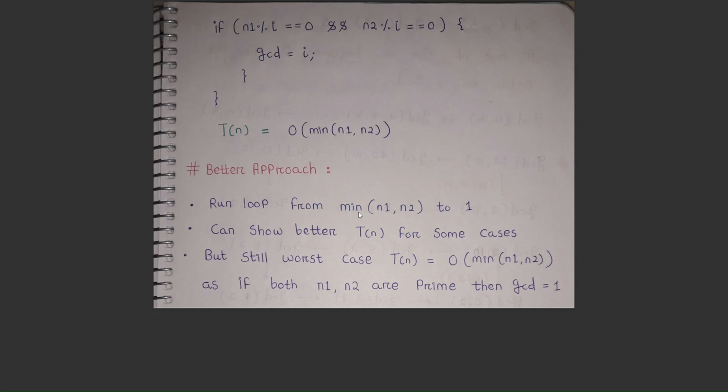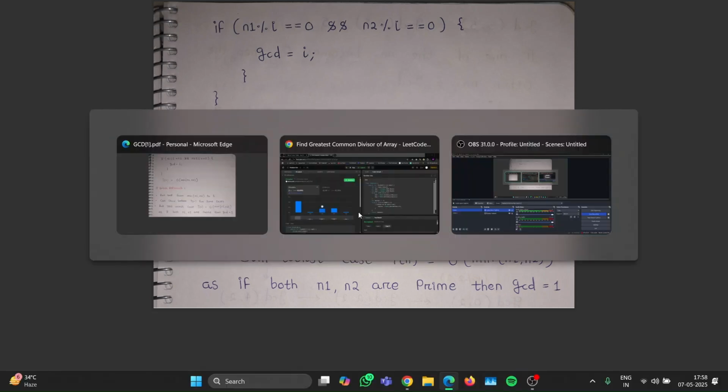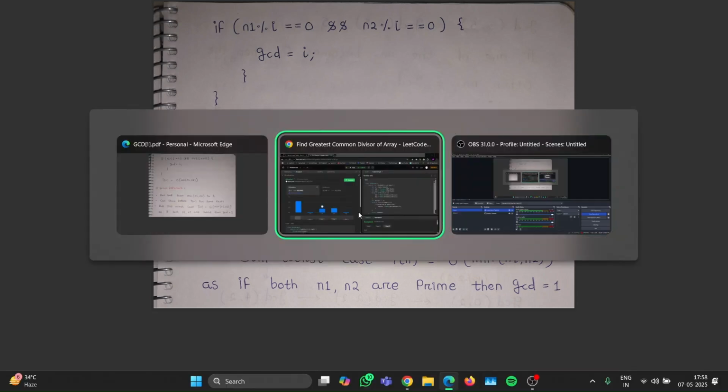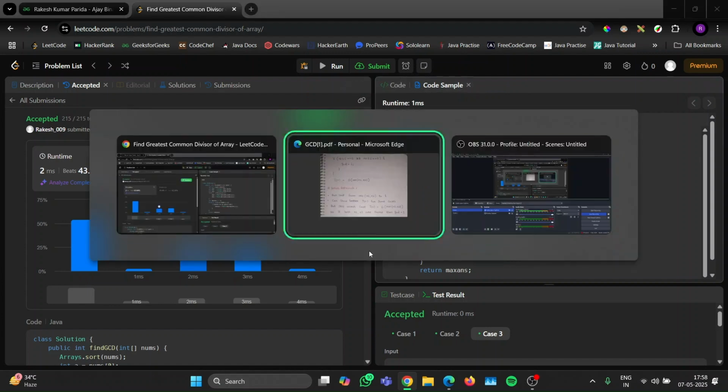So if we apply that in reverse order, we just have to find the GCD and return it, because the first GCD that we get will always be the maximum value of the GCD. Getting my point? Let me explain with the previous code.